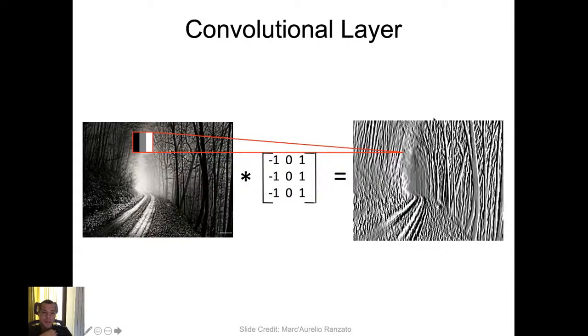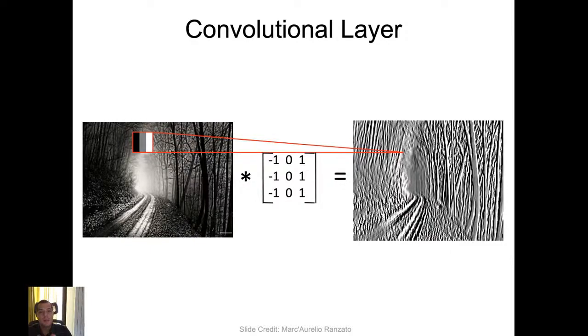Usually the result of the convolution operation is an image that contains high responses when the input image looks like the filter, and low responses when the image doesn't look like the filter that we apply.